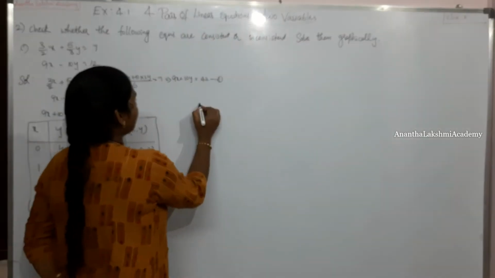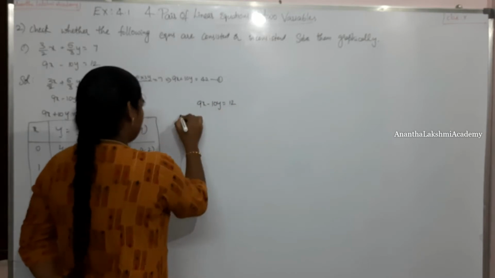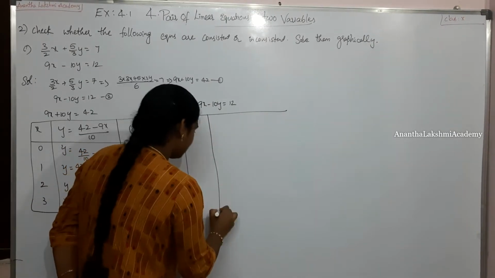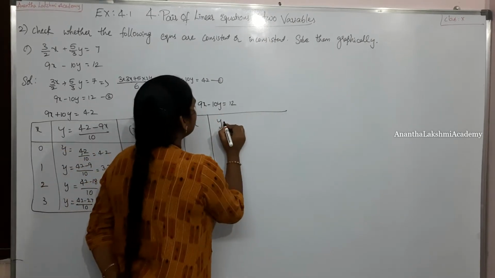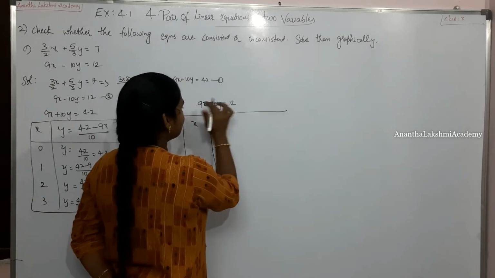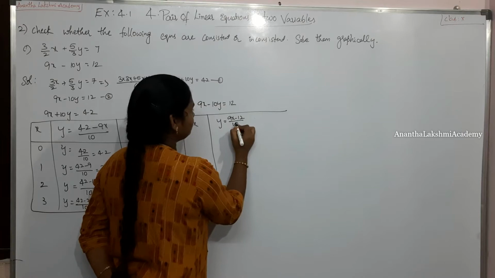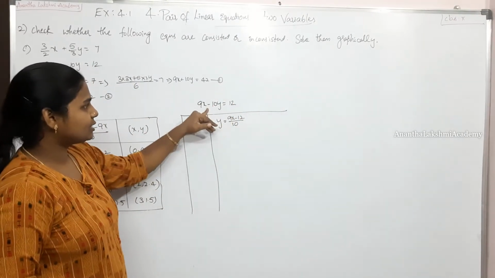So for the second equation, which is nothing but 9x minus 10y is equal to 12, let us consider the x and y values. Let us take 10y that side and send this 9x, so y is equal to 9x minus 12 by 10.